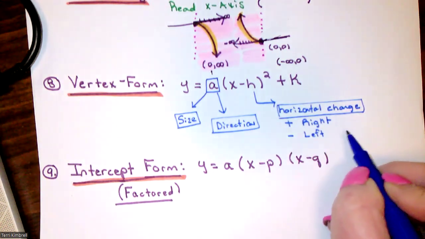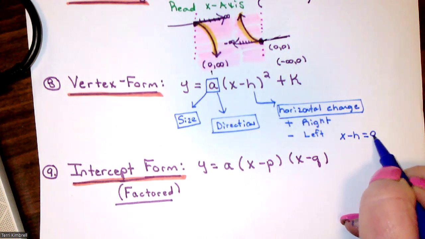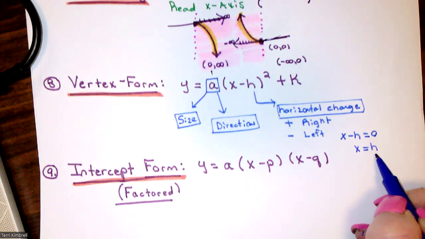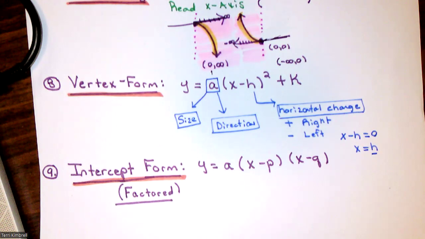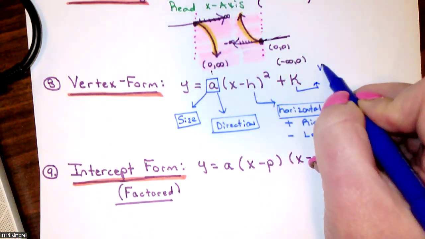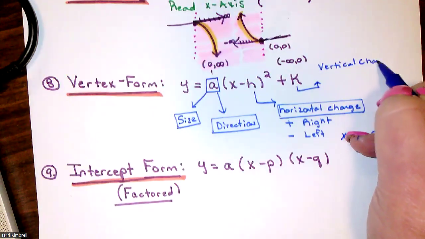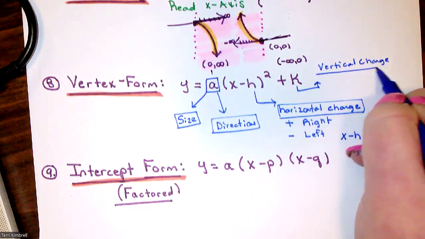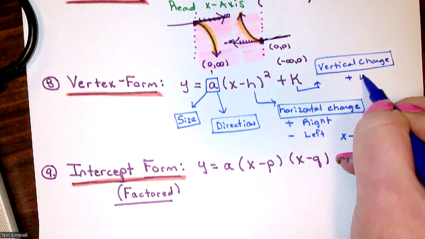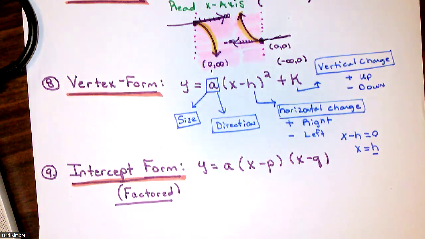What we did to find those is, if you remember, we set this equal to 0 and we solved for x, and that gave us our horizontal change. The K was your vertical change. If it was positive, it went up, and if it was negative, it went down.